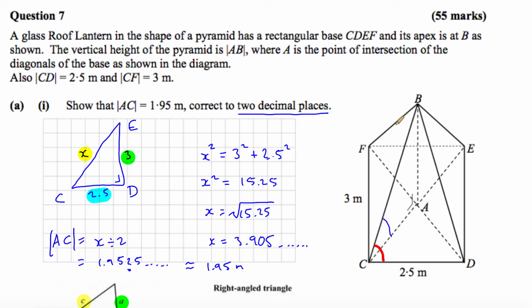For the sides FBC and EBD, those side pieces, that's 3 FC, and remember this here, BC was 3 as well. So those triangles are equilateral on the sides. They're equilateral triangles of 3 meter side.